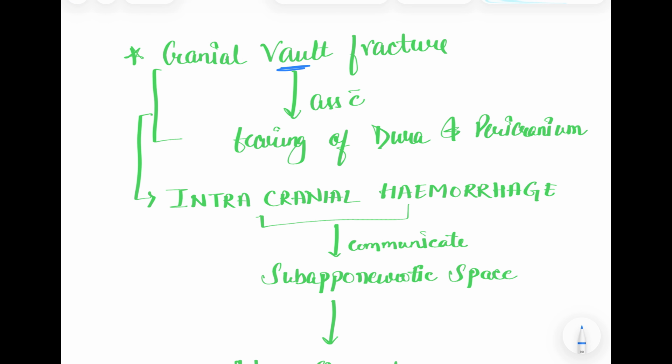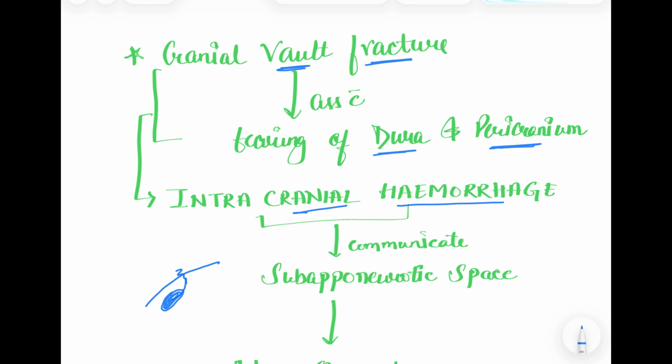Whenever the vault is fractured, there is tearing of the dura and the pericranium, and an intracranial hemorrhage occurs.